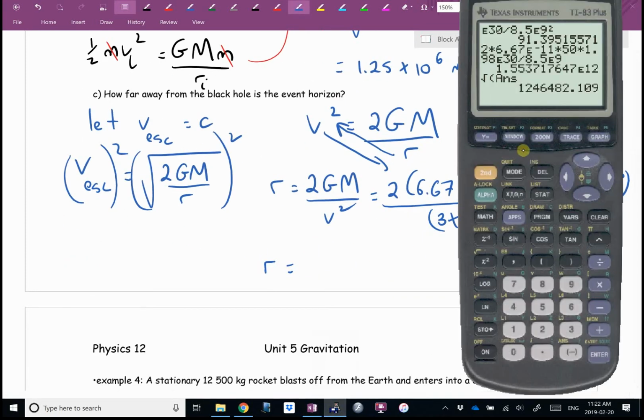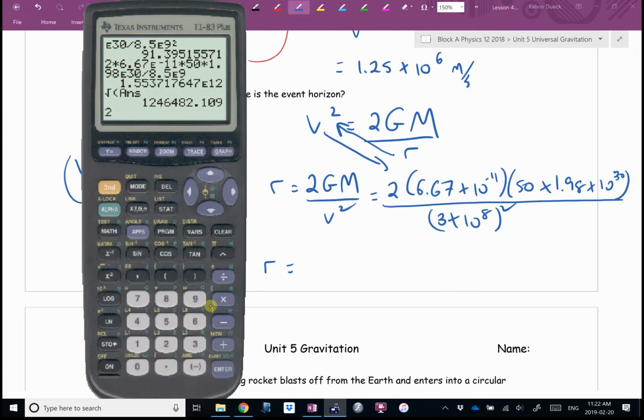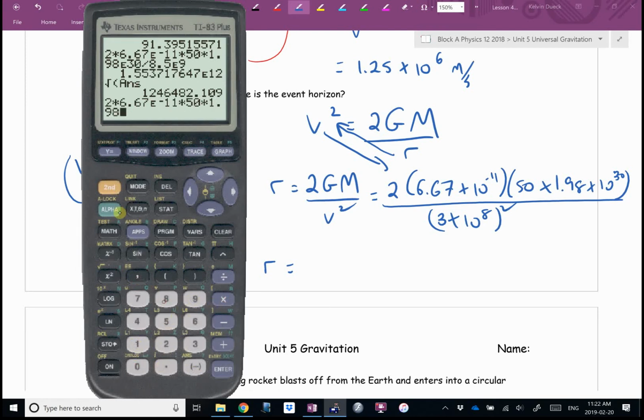I'm kind of curious, do you get, wow, worked out evenly, I'll take that. Do you get 146740? Or am I wrong? 1.47 times 10 to the 5th meters.